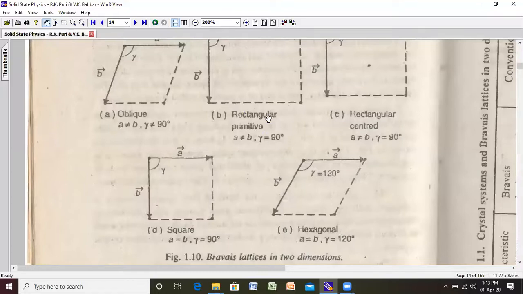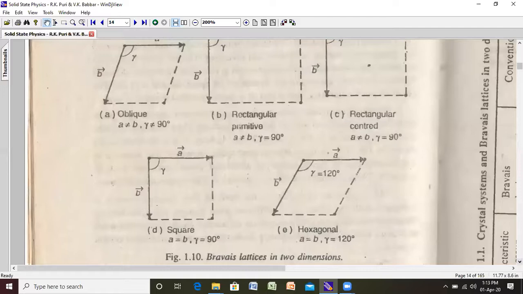Because the rectangular crystal type has further 2 categories. One is rectangular primitive, one is rectangular centered, but all the others, oblique, square, and hexagonal, have one type. So there are 5 types of total Bravais lattices in 2 dimension.